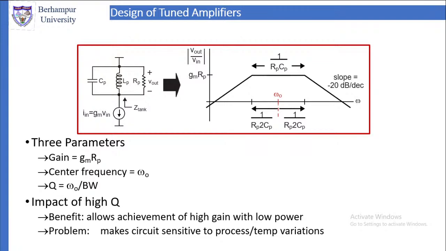When we are designing a high Q circuit, the design process will affect the circuit performance. Also, temperature variation affects the quality factor. If the quality factor is affected, then omega 0 or bandwidth is affected. So those are the problems.